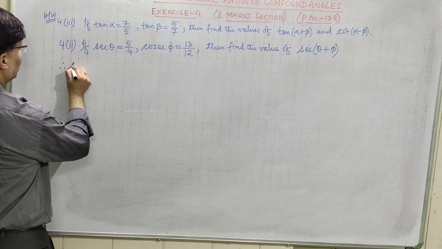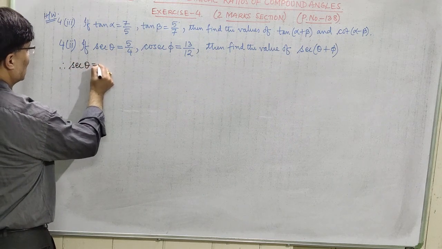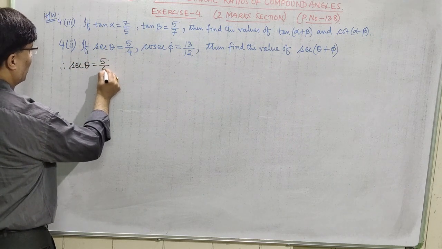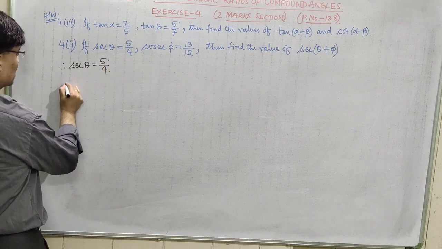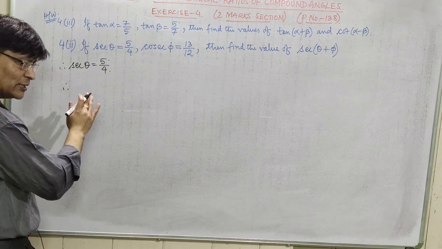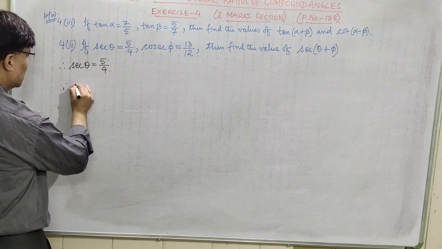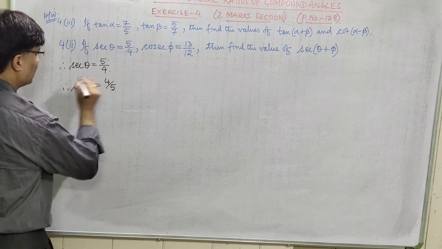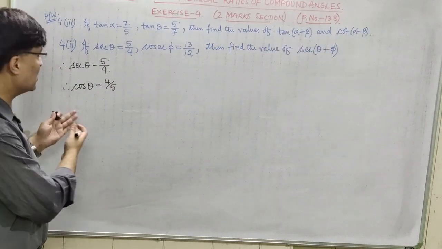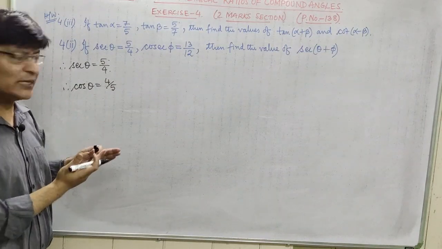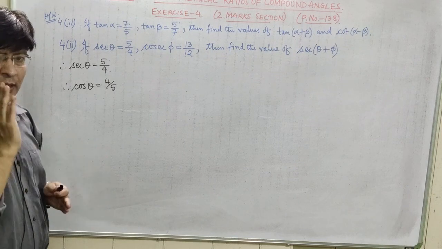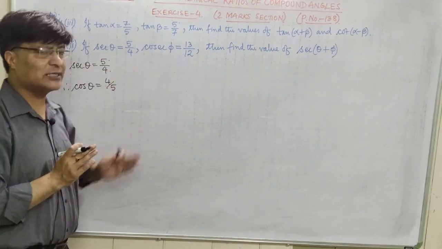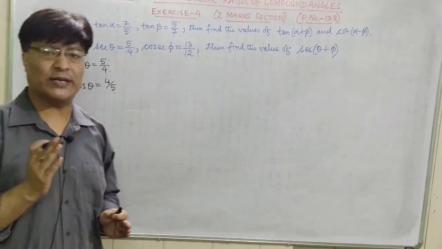Here sec theta is equal to 5 upon 4. So cos theta is just the reciprocal of sec theta, so cos theta will be equal to 4 by 5. From this value of cos theta you can easily get the value for sin theta, and in this case also you should take theta and phi as positive acute angles.